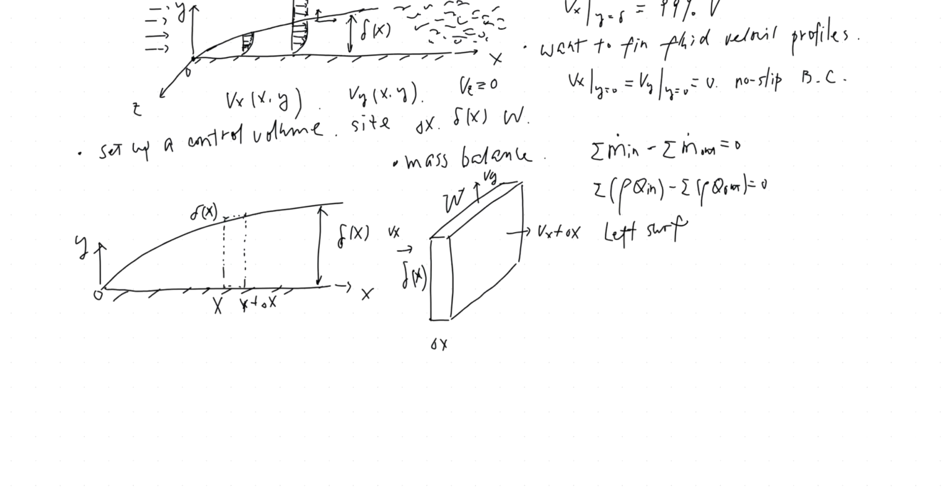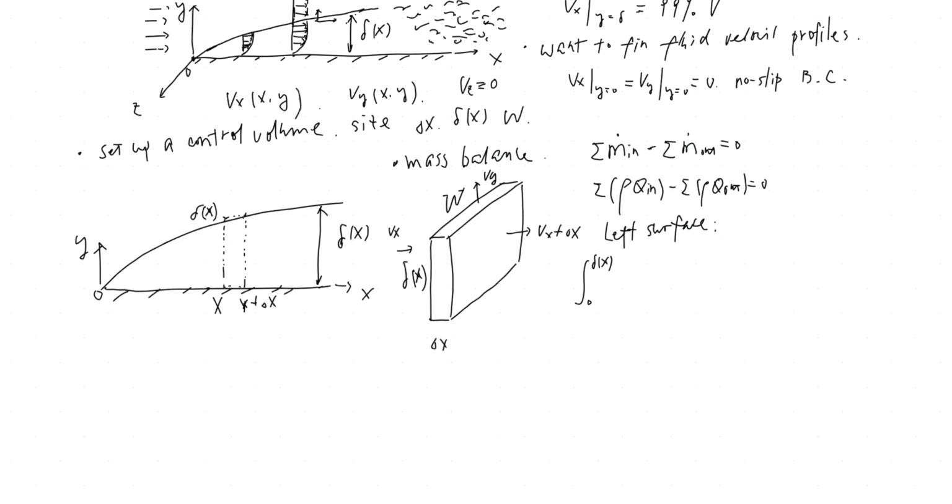We would have a mass flow rate, which you need to integrate from 0 to delta, because Vx is a function of y. You cannot just use Vx multiplied by the area of the surface. That doesn't work out because it's a function of y.